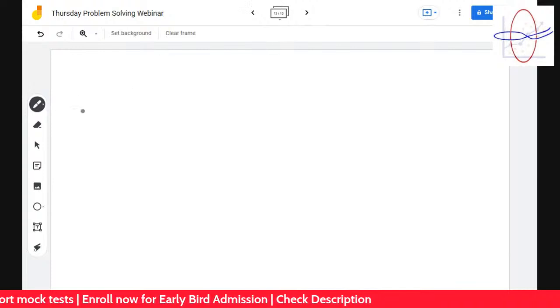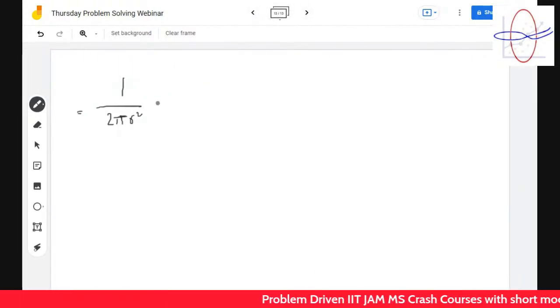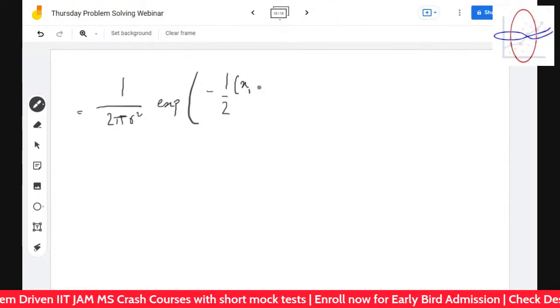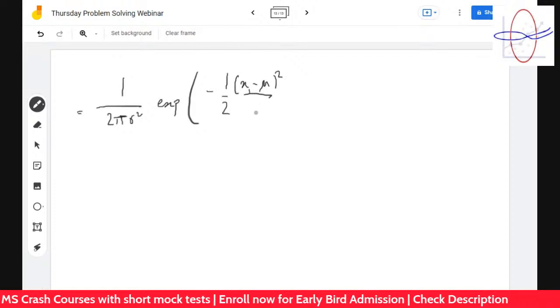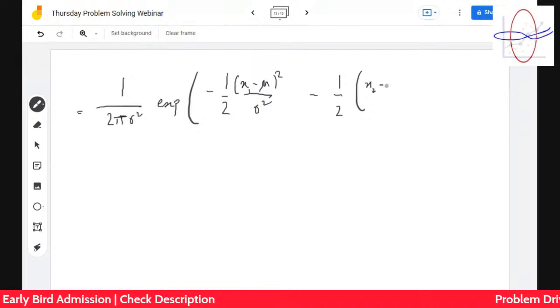If we multiply this, we have 1 by root 2 pi sigma square times exponential. There will be addition over here, minus x1 minus mu whole square minus x2 minus x1 by sigma square whole square.